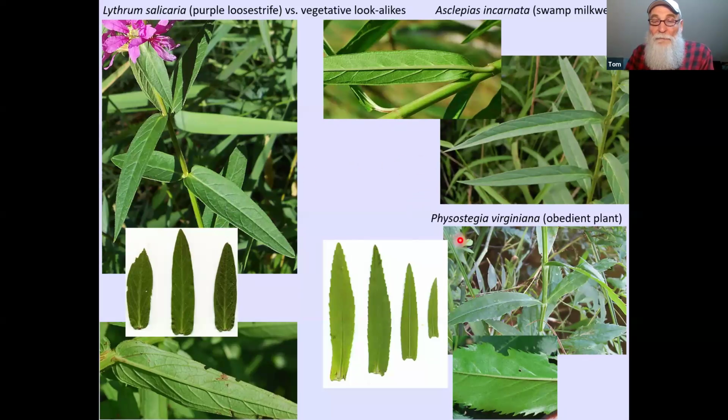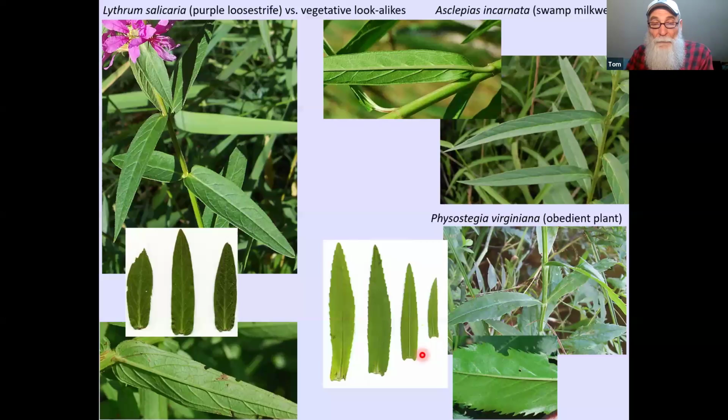Another one that, just glancing at it, would look somewhat similar is obedient plant, Physostegia. It is in the mint family, of course. So again we do have those overlapping mint characteristics, that square stem, the opposite leaves. But we can see very easily here that this one is also sessile, just like the purple loosestrife is.